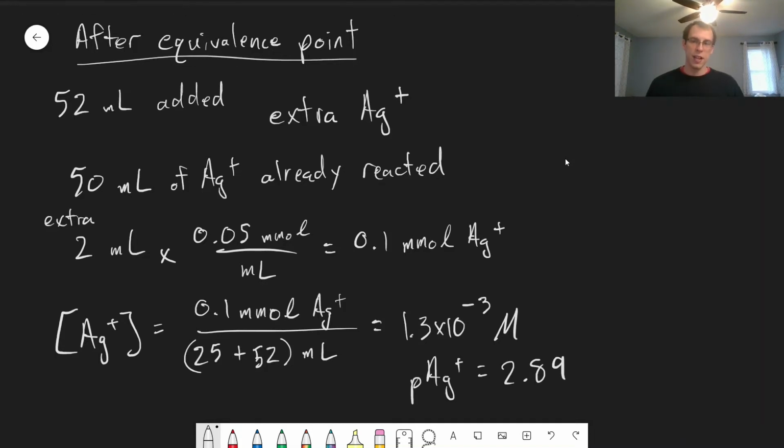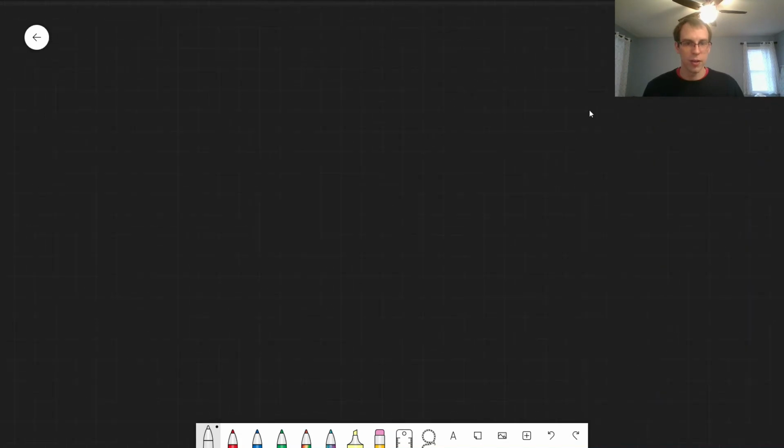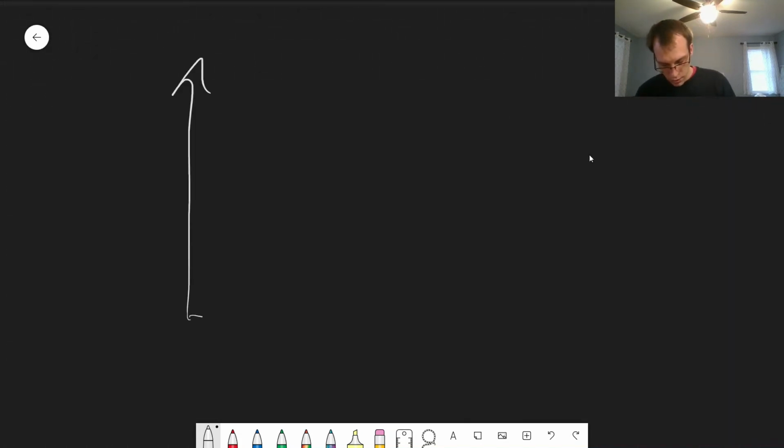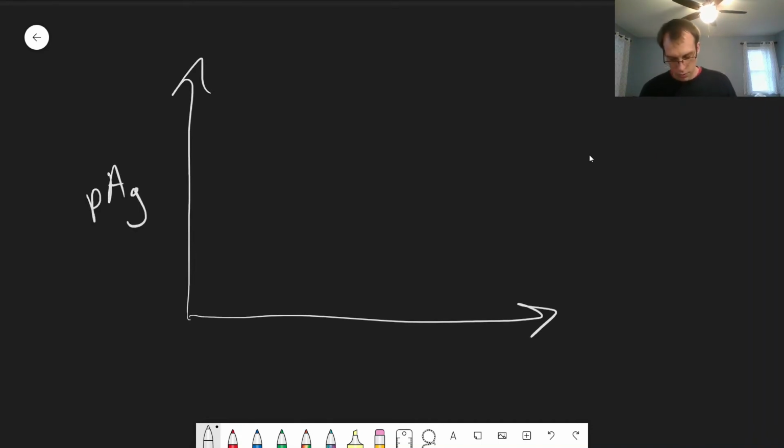So let's put this all together. What does our overall curve look like, and what sort of is determining what's going on? So we've already drawn the overall shape. But for this specific problem, we have pAg on the y-axis here, volume in milliliters on the x-axis, and we'll put out here, this is our 50 milliliters, because we know this is our equivalence point.